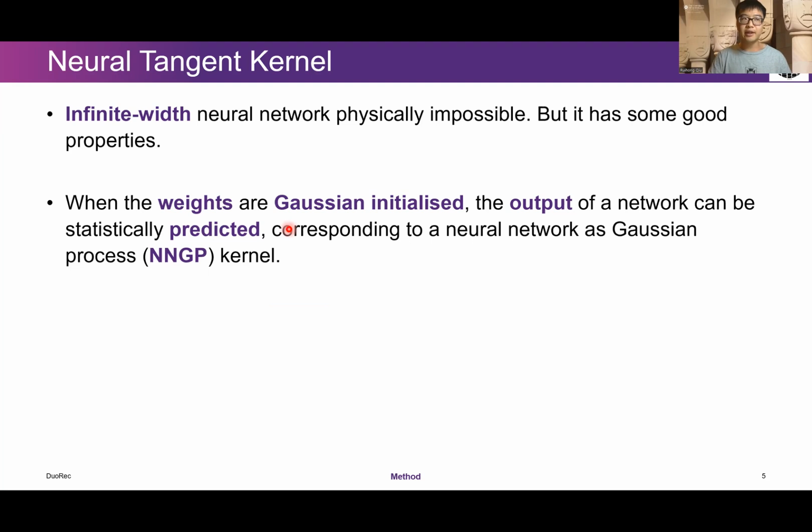This is a very good property, which means that we can predict what this neural network will do, although it's within the initialization. This prediction is based on something called neural network as Gaussian process, and then the GP kernel. So it means that the neural network under initialization corresponds to an NNGP kernel.